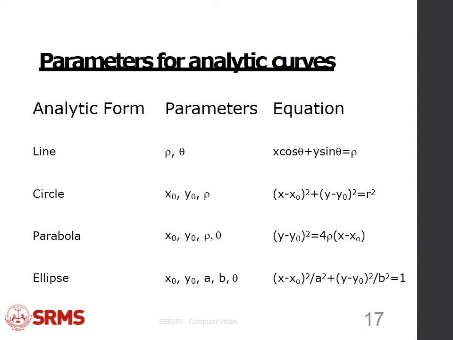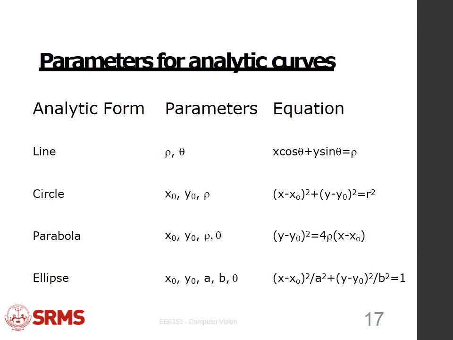A circle having center at (x0, y0) has the equation (x minus x0) whole square plus (y minus y0) whole square is equal to r square, where r is the radius of the circle. If the center lies on the origin, then x0 and y0 are 0, and the equation is x square plus y square is equal to r square.